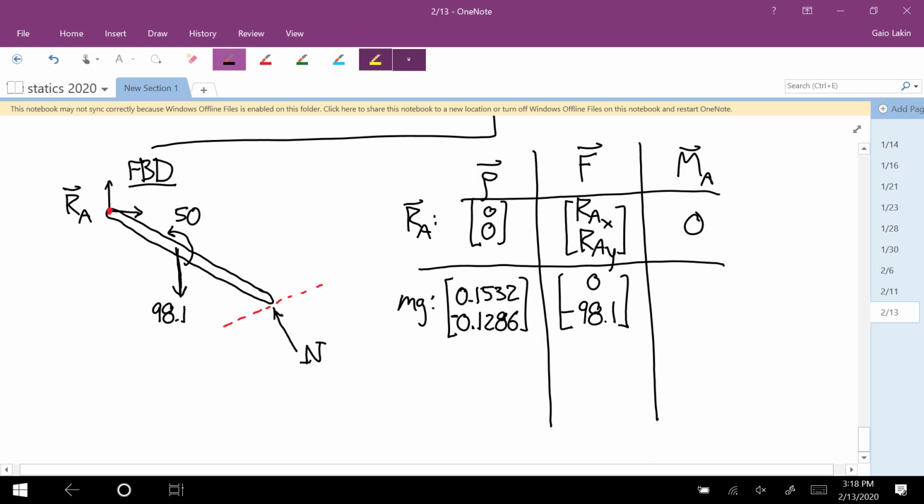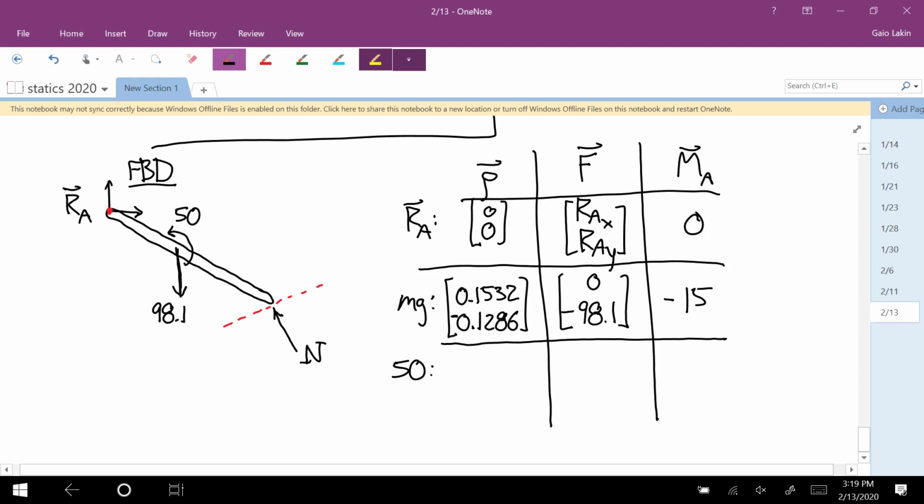What do you get when you multiply those? 0.1532 times 98.1, about 15.